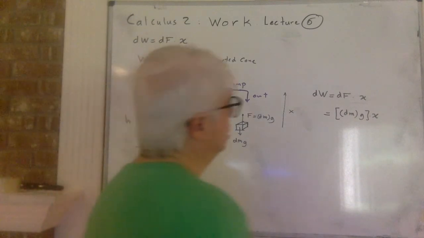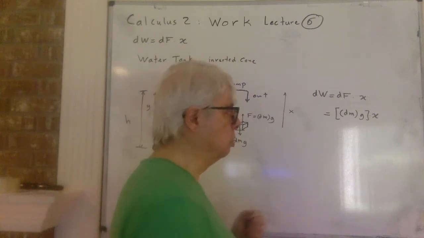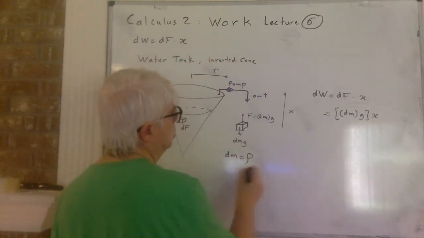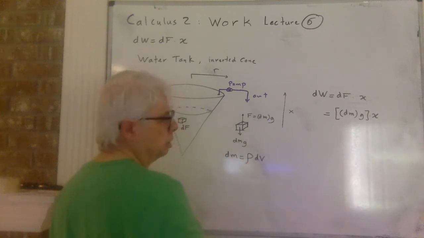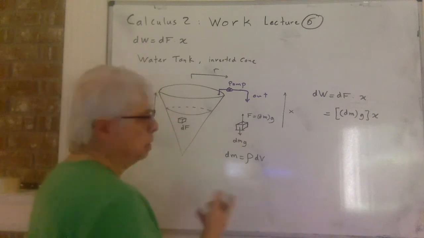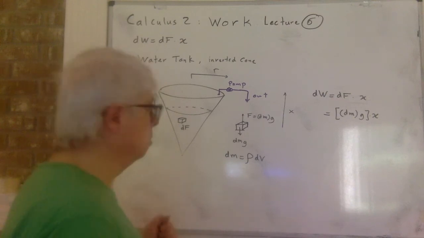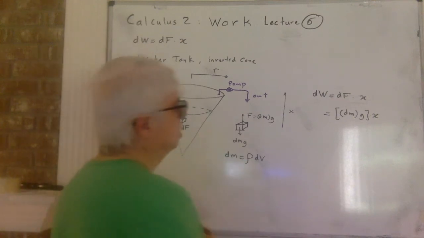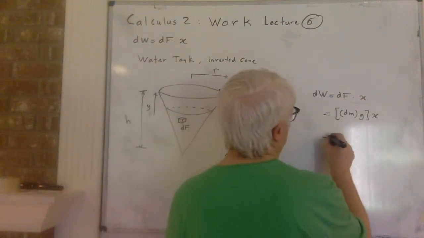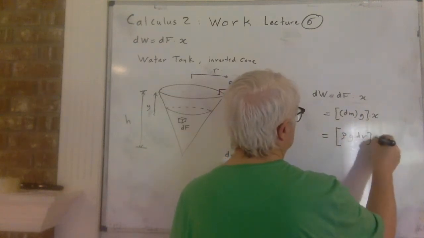So you can write this dm as some density times volume. Since it is infinitesimal, its volume is small. Density can be anything. If it is just a heavy liquid, then this doesn't change, but this changes. So I can write here instead rho g dv times x.